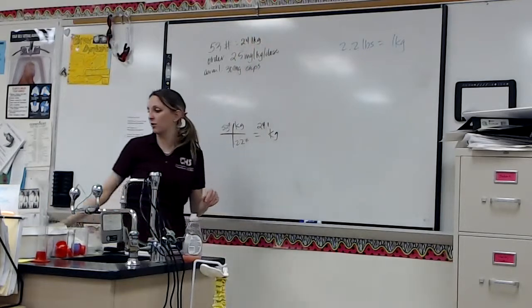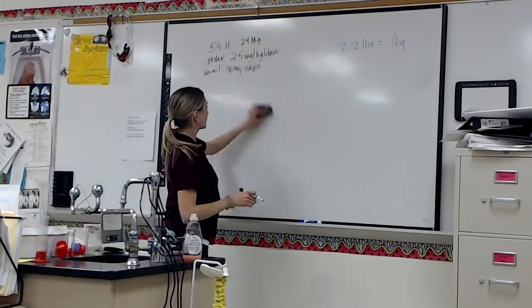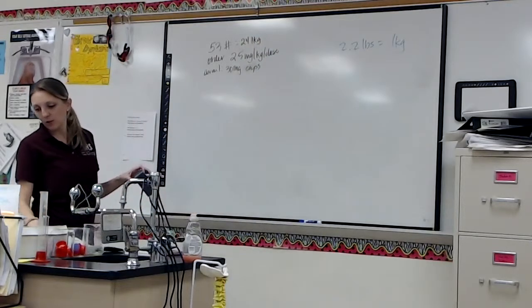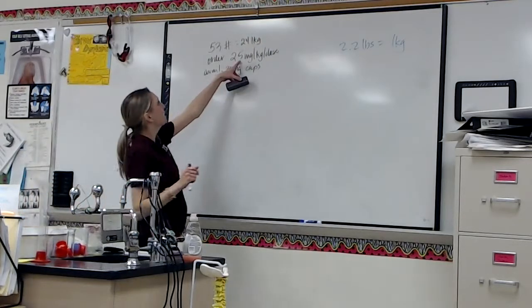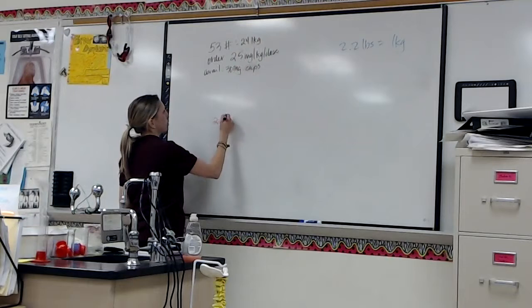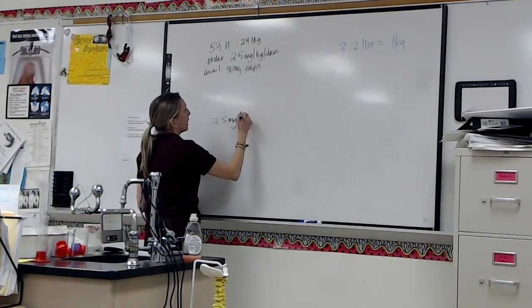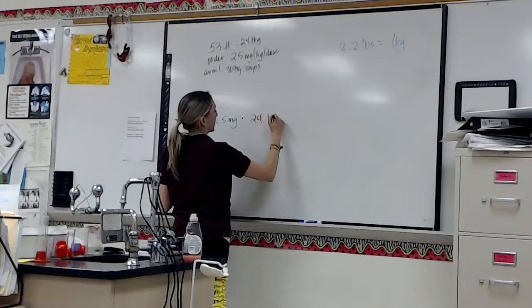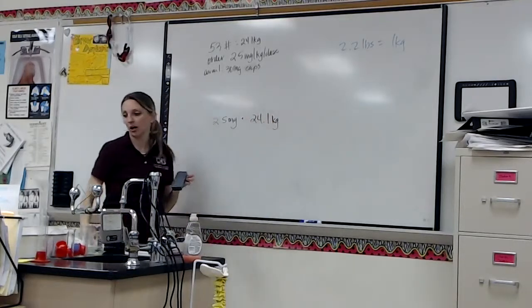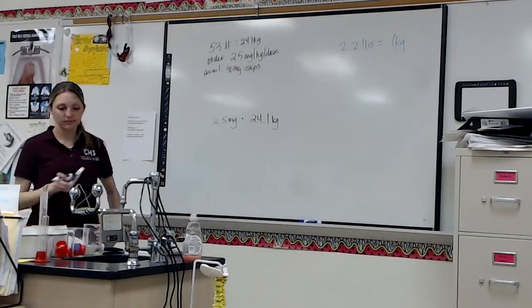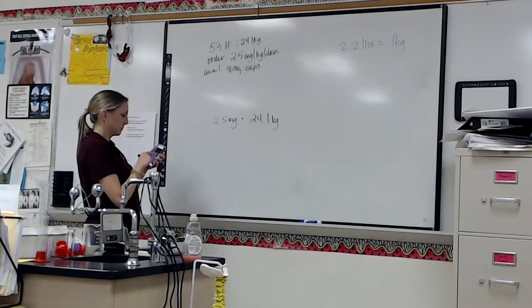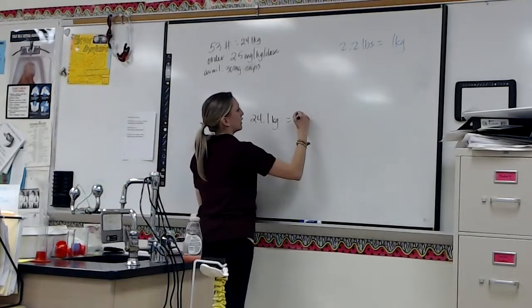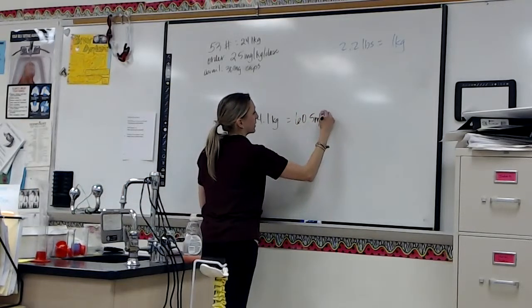Step 2 says read the order, we already did that. Step 3, complete the calculation of milligrams per kilogram by multiplying. So we know that 2.5 milligrams times 24.1 kilograms is going to give us our dose. .5 milligrams per dose is what we end up with.